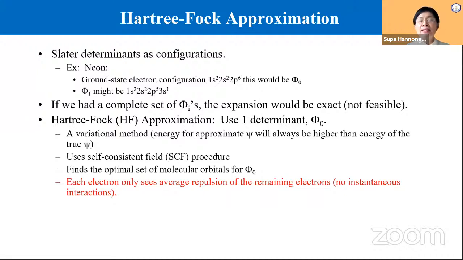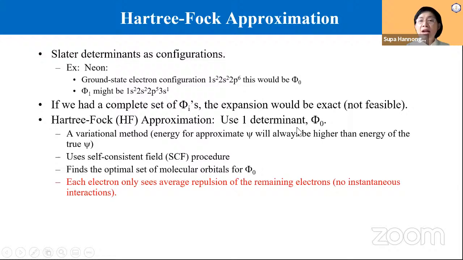But in reality, it's not easy. It's not feasible. We can do it just for some, but not all. So next, the Hartree approximation is applied to solve the Schrödinger equation, but based on using only one determinant.